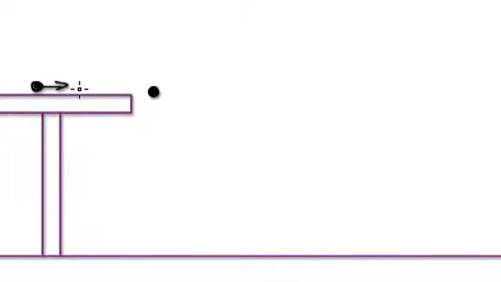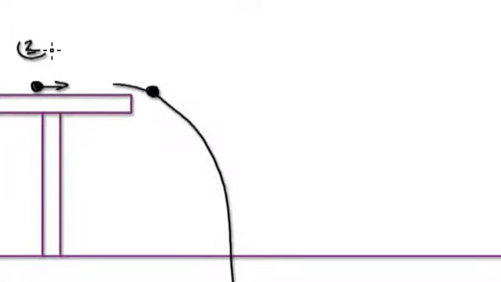But by the time snooker ball two gets to this exact same point, I'm going to release ball one as well. So this earlier bit doesn't count. It only counts when ball two gets to the exact same position.